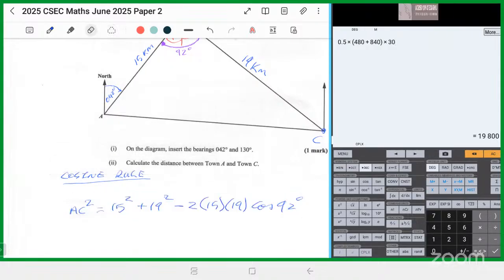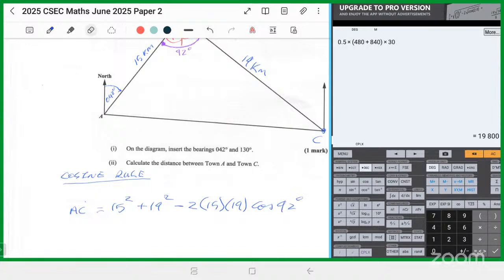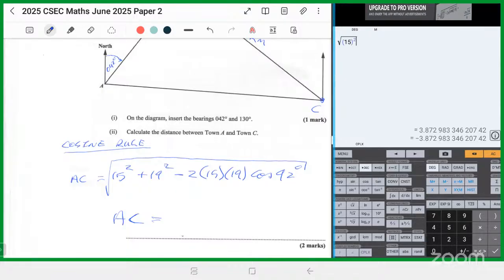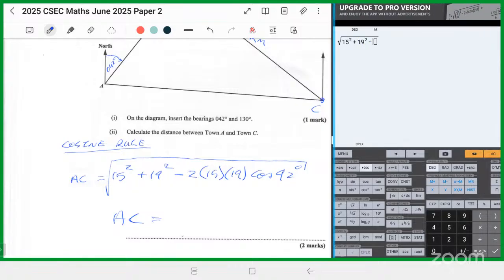So instead of putting a square on this, I'm going to remove that square and square root everything. Put that in the calculator and we will have our answer. Quick and fast. So that's the square root of 15 squared plus 19 squared minus 2 times 15 times 19 times the cosine of the angle between them, which is 92 degrees.